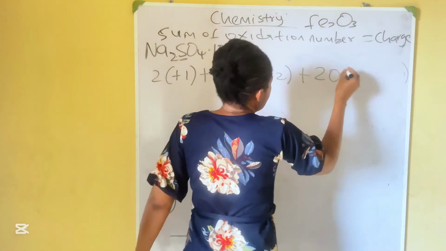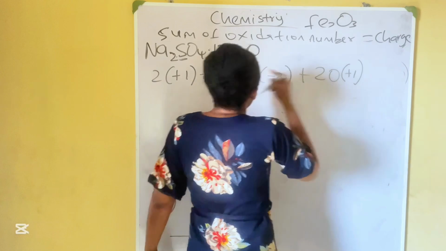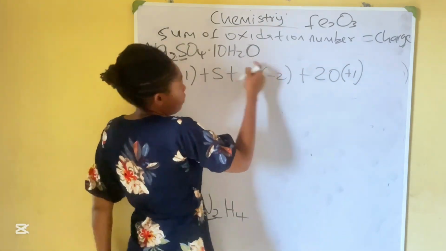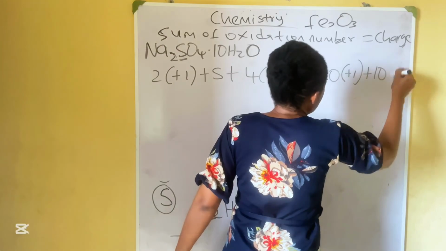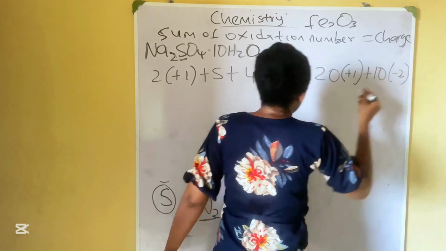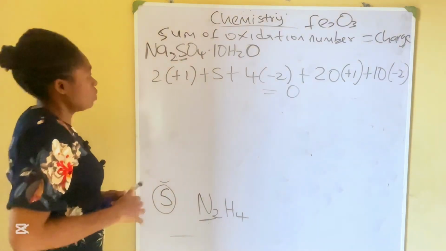What's the oxidation number of hydrogen? Always plus 1. Then 10 atoms of oxygen here, so plus 10 times the oxidation number of oxygen, which is always minus 2, equals 0. Equate it to 0.